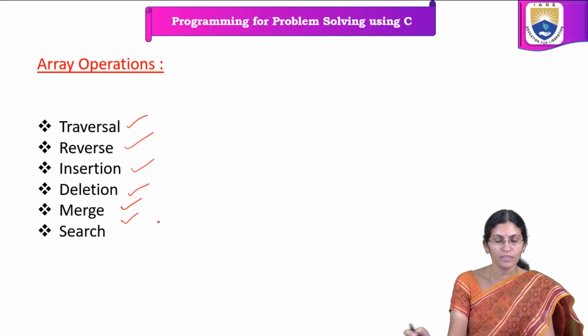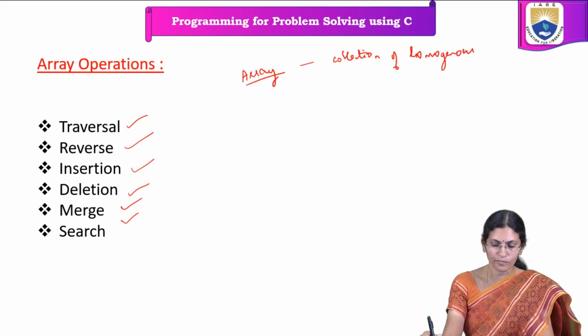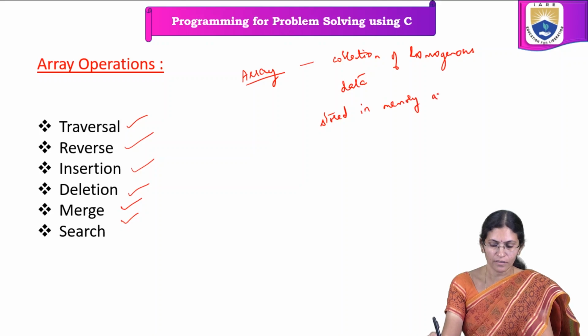Before seeing into the details of these operations which can be carried on arrays, first let us once again see what is meant by an array. We have seen what is an array in C. An array is nothing but a collection of homogeneous data which is stored in the memory at contiguous locations.